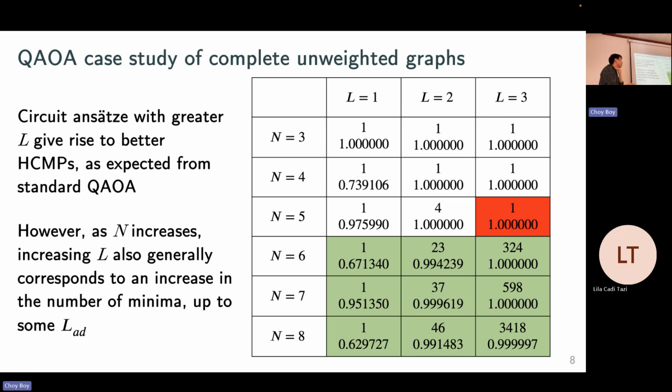If accuracy is a concern, then probably L equals 3 is good here, but at the same time you might have to balance the fact that you are running this on a NISQ device with considerable quantum noise, so you may not get the optimal solutions because of the increased noise as well.